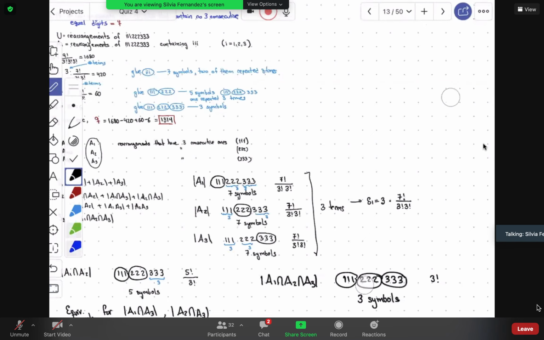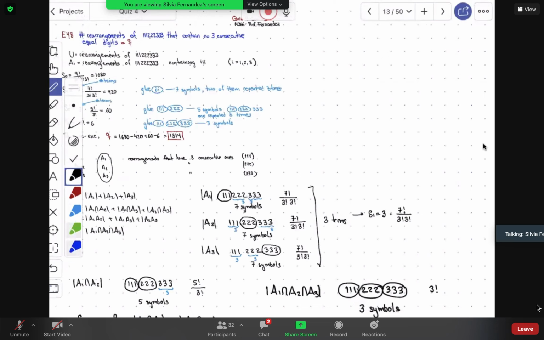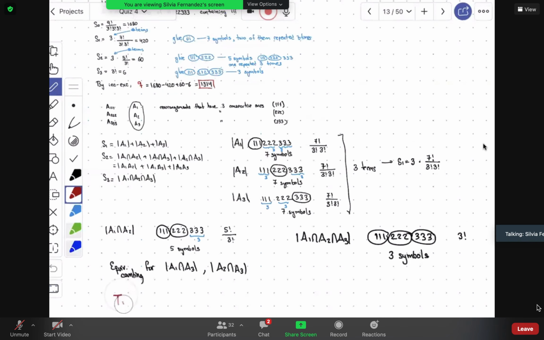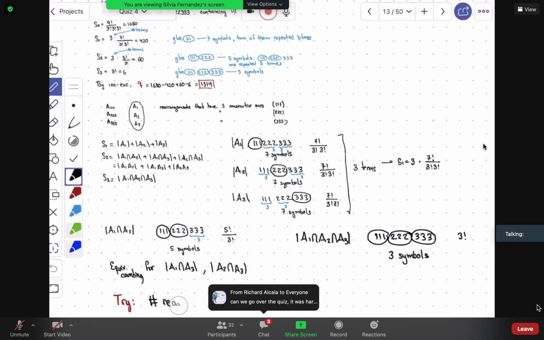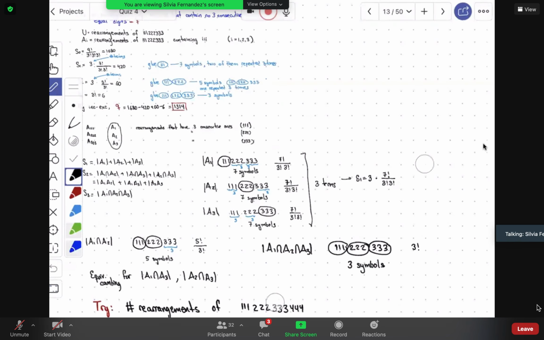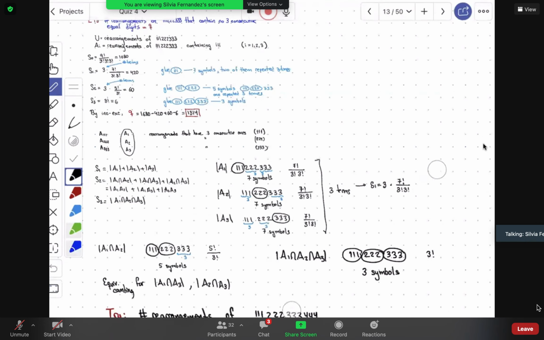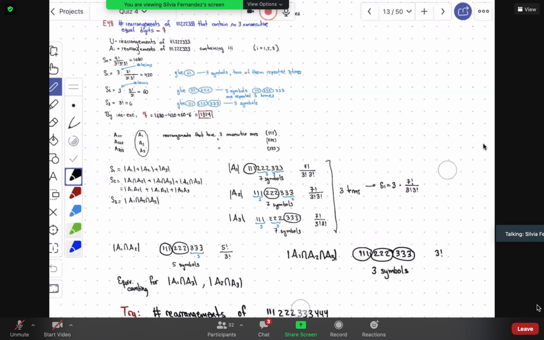But if you want, you can try to solve this problem. So try solving this problem for this one: 1, 1, 1, 2, 2, 2, 3, 3, 3, 4, 4, 4, with the same property, that contain no 3 consecutive equal digits.